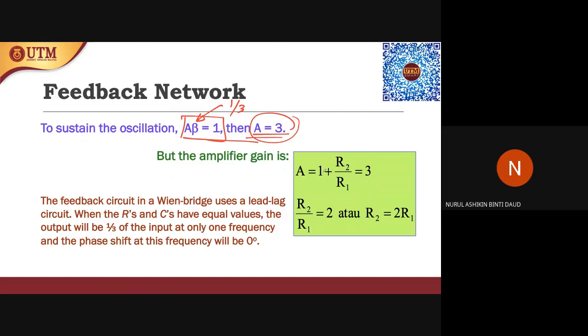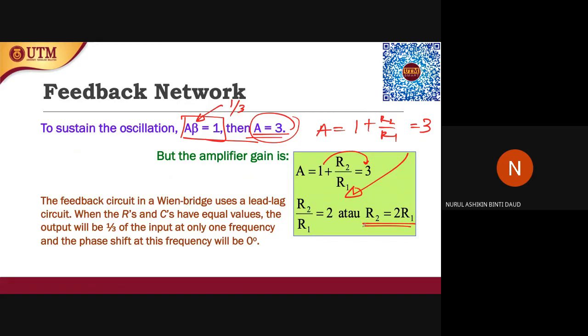So we have calculated just now the formula for the amplifier gain, which is 1 plus R2/R1. So 1 plus R2/R1 should equal 3, where R2/R1, if you subtract 1, should be 2. If you rearrange this equation, you get the R2 resistor value.